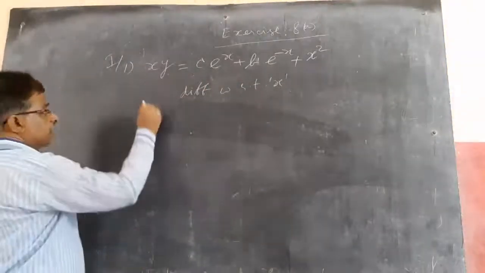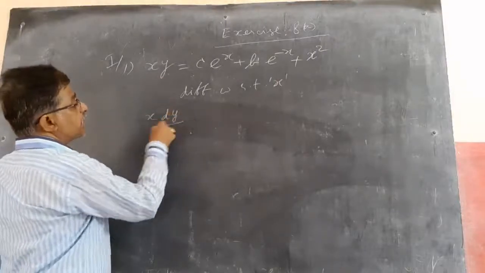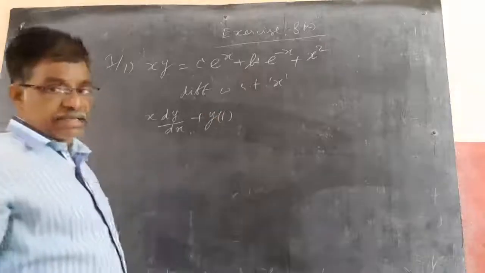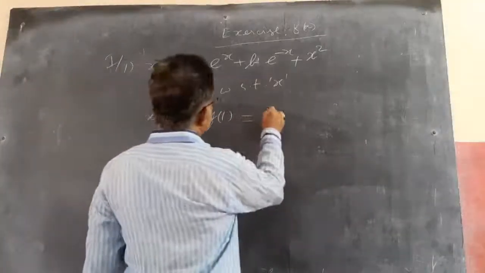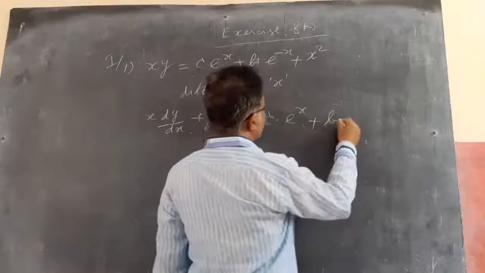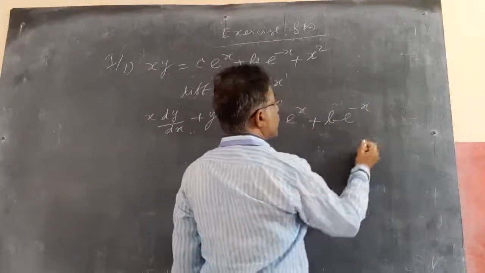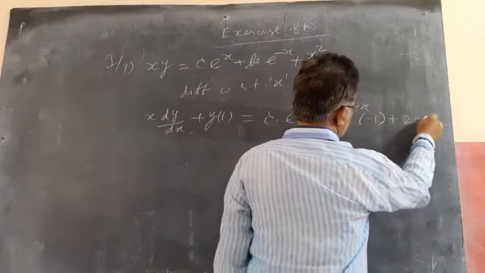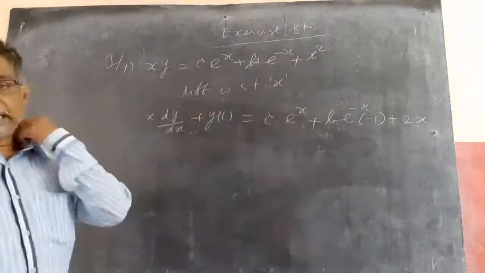So it becomes a simple product rule: x into dy/dx plus y into derivative of x which is 1, equal to c into derivative of e^x which is e^x, plus b into derivative of e^(-x) which is e^(-x) into minus 1, plus derivative of x² which is 2x.